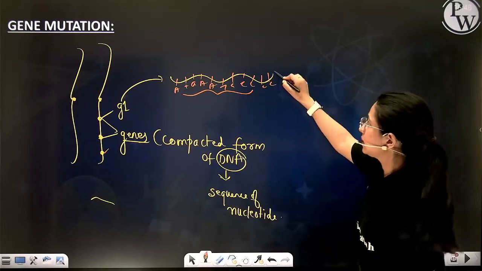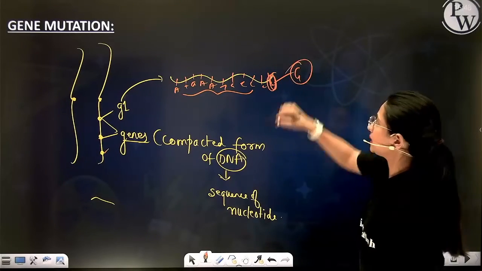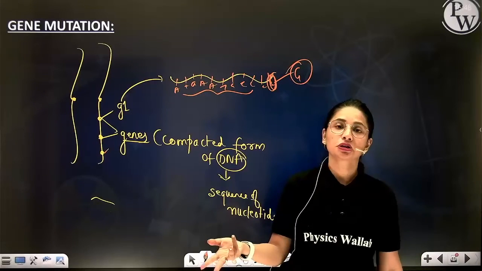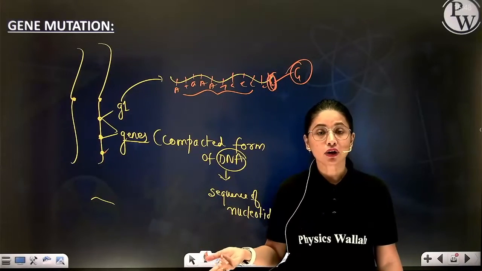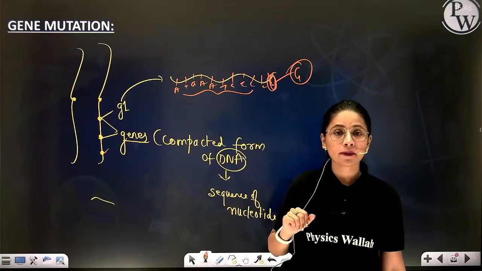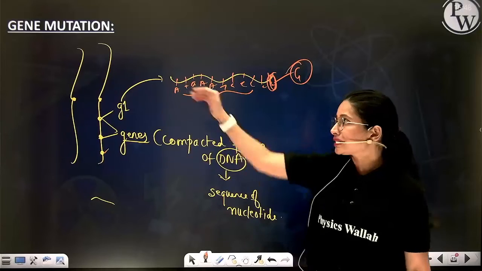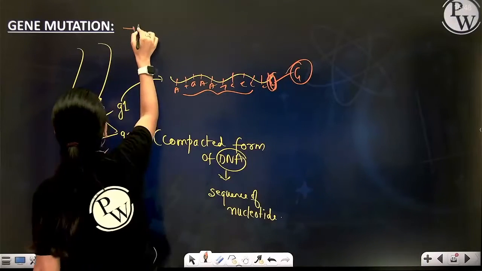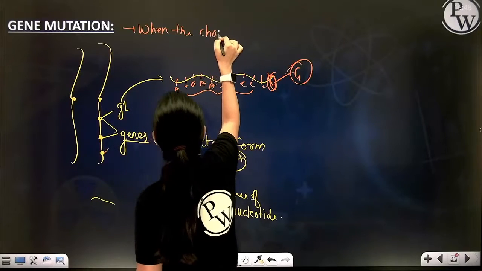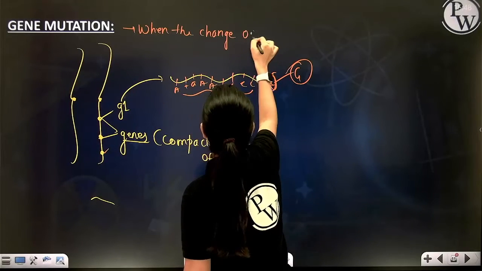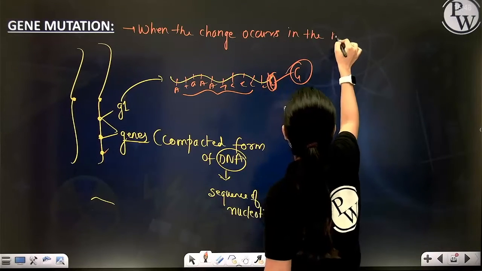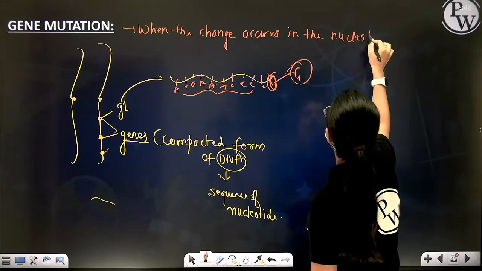Mutation occurred, cytosine is replaced by guanine. Now, one nucleotide only changed, but mutation occurred. You will see a lot of difference in the organism. The best example is sickle cell anemia. Right? So, what is gene mutation, beta? When mutation occurs in the nucleotides of a gene.